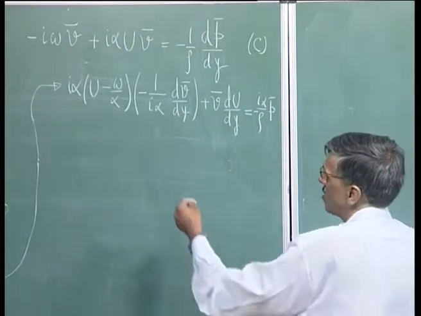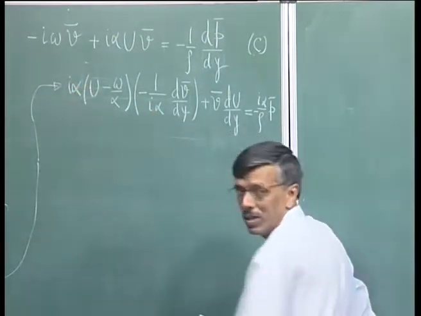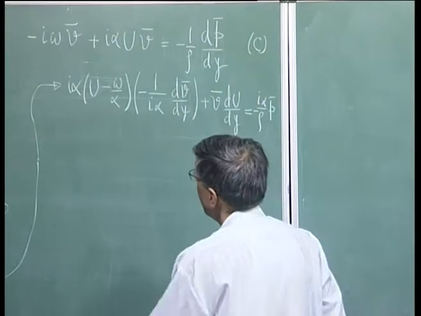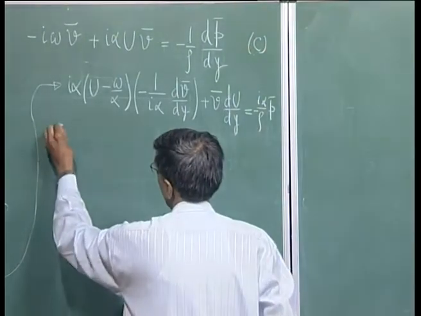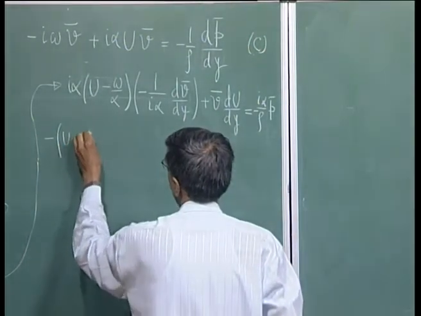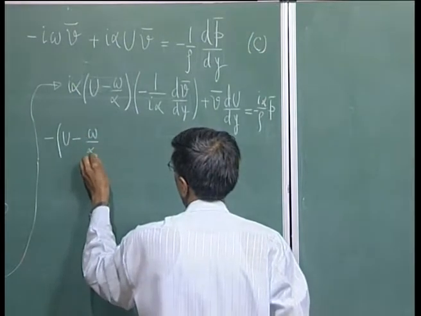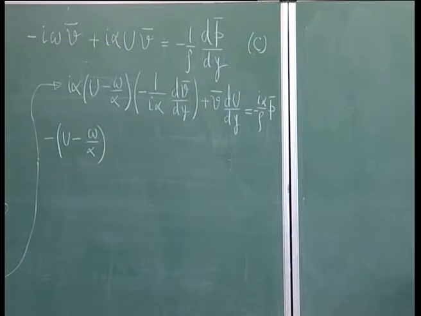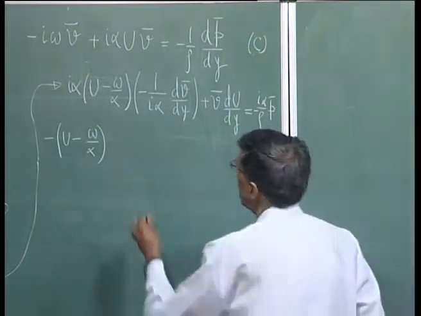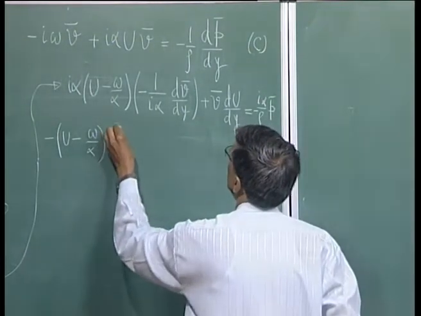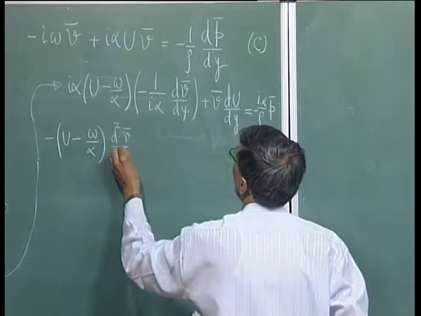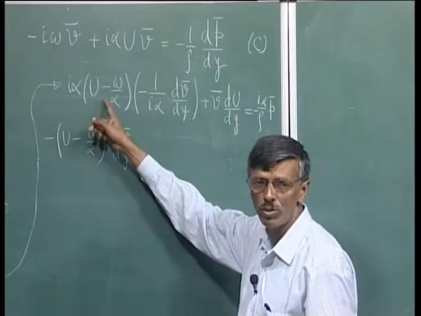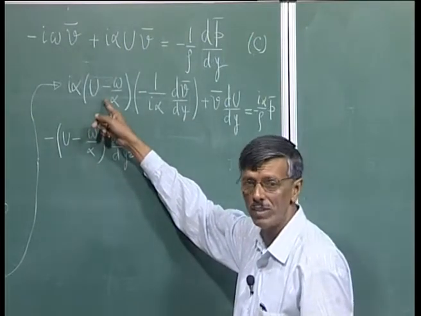Here, as you can see, this I alpha goes off. So what do I get? Minus u minus omega by alpha, and we are differentiating with respect to y. So I will get d2 v bar dy square, but please note u is also a function of y, right?